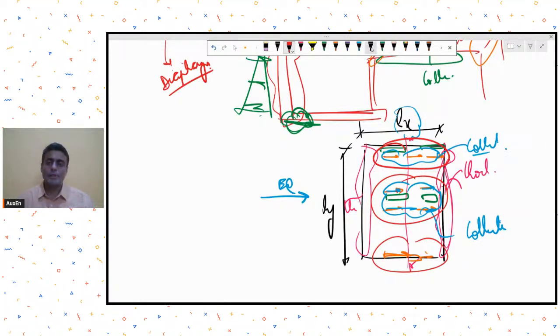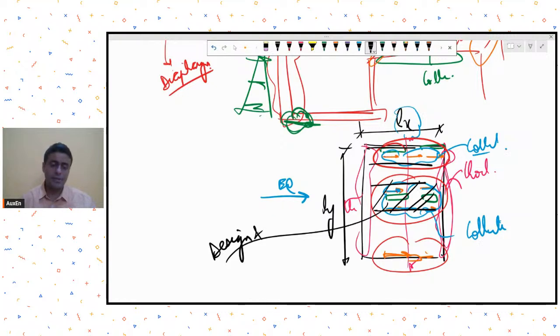A good way to do this can be that you can construct strips over here. Design strip is a good technique that is available in ETABS and SAFE. So you can construct design strips. For the effective width of design strip, usually you can take a 45-degree angle of dispersion from the face of this and at the half point.